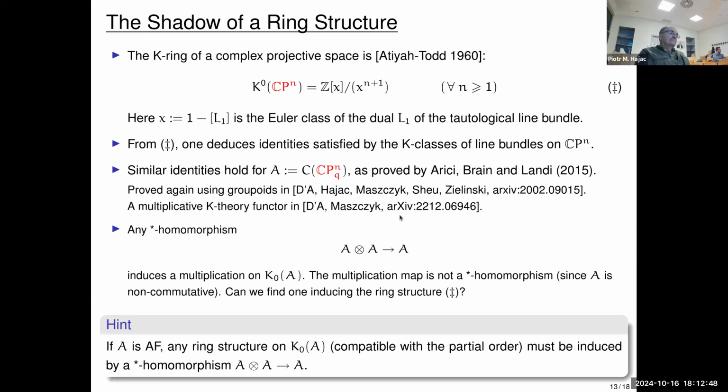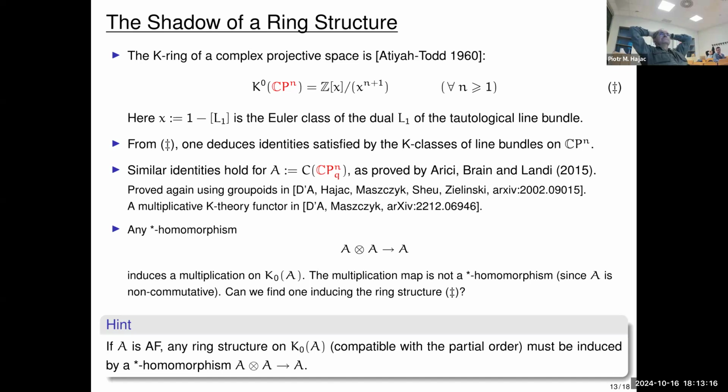So another thing that I want to mention is another preprint with Tomek, where here the question is different. It's not just, okay, let me find the star homomorphism giving the correct ring structure for CP^N, but can we find a better K-theory functor which maps not to abelian groups, but to rings for C*-algebras. But I'm not going to say anything about this. If you want, you can check the preprint. It's still a work in progress.